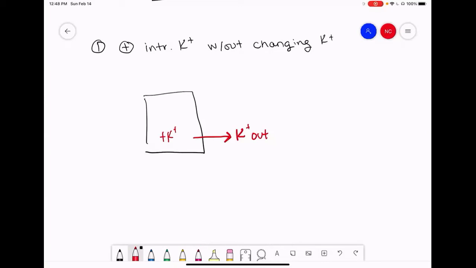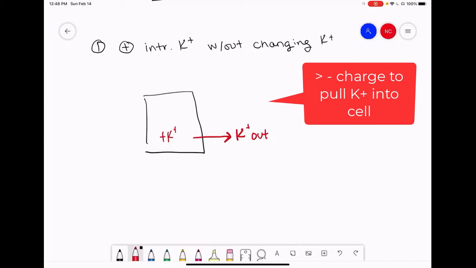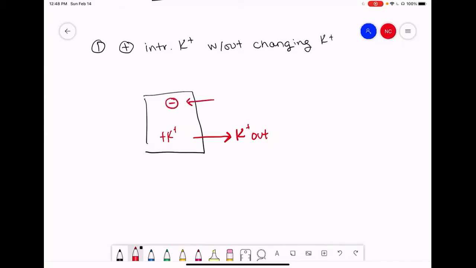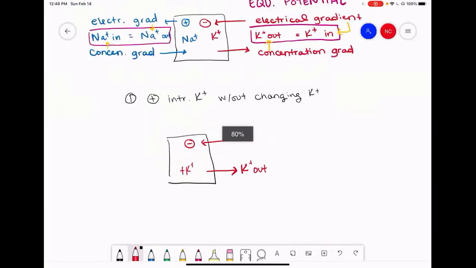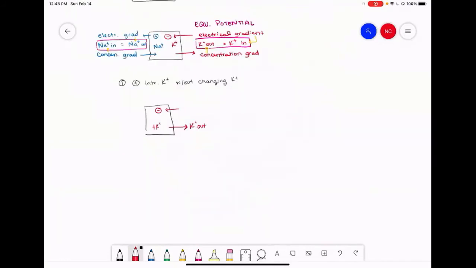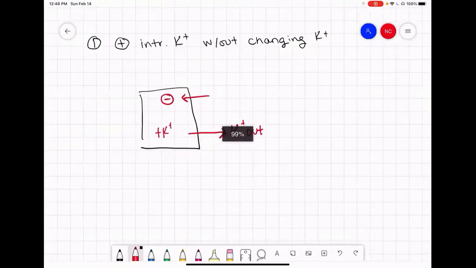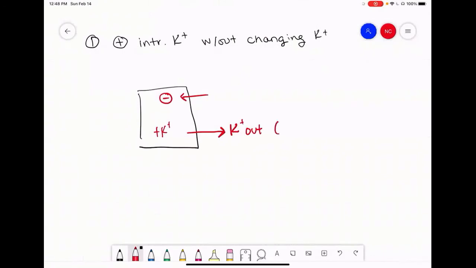But that also means, if we think about it, we're not adjusting extracellular content, so we're also going to need a greater negative charge to pull potassium back into the cell to counteract that flux outside of the cell. Remember that potassium out is due to the concentration gradient.